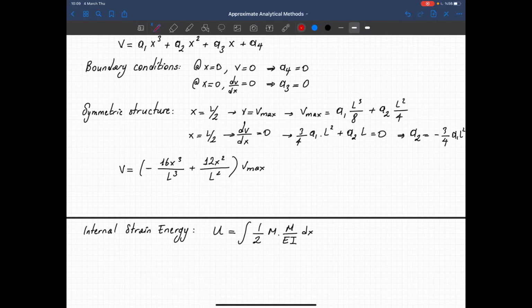And we know that this expression is equal to d square v divided by dx squared.